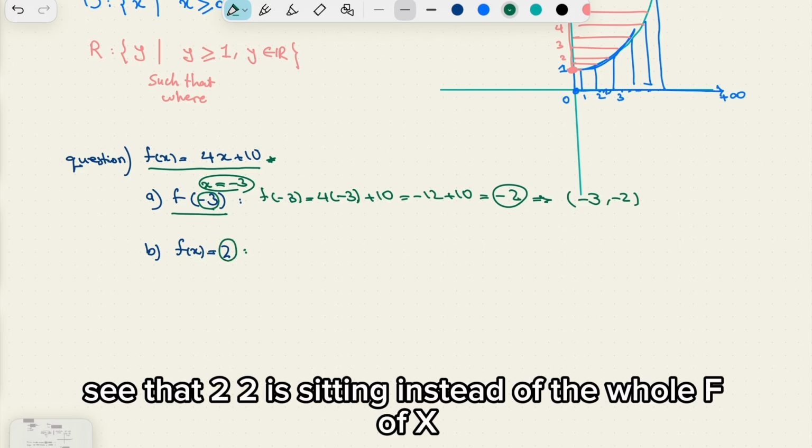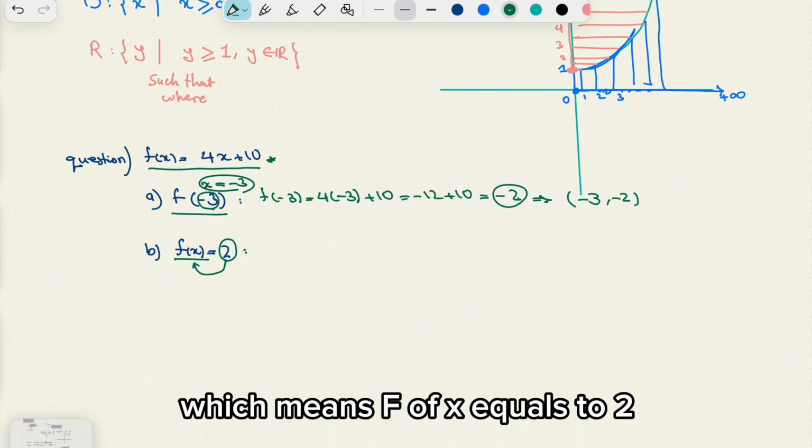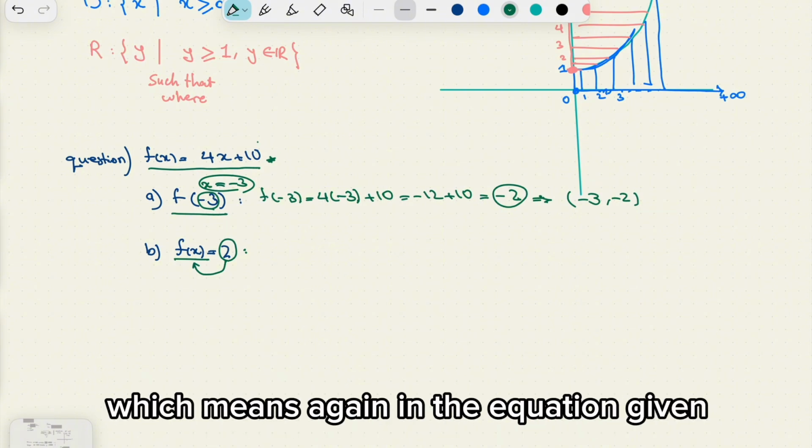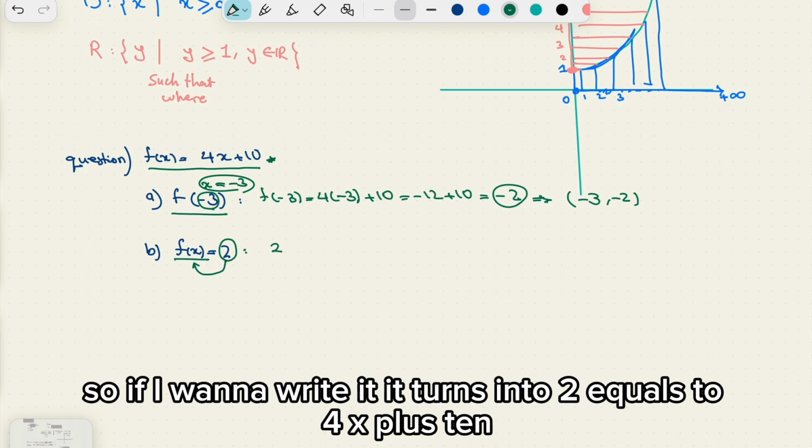See that 2 is sitting instead of the whole f of x, not x anymore, because it's not in the bracket, it's sitting outside, which means f of x equals 2. Which means, again, in the equation given, I have to replace f of x with 2. So if I want to write it, it turns into 2 equals 4x plus 10.